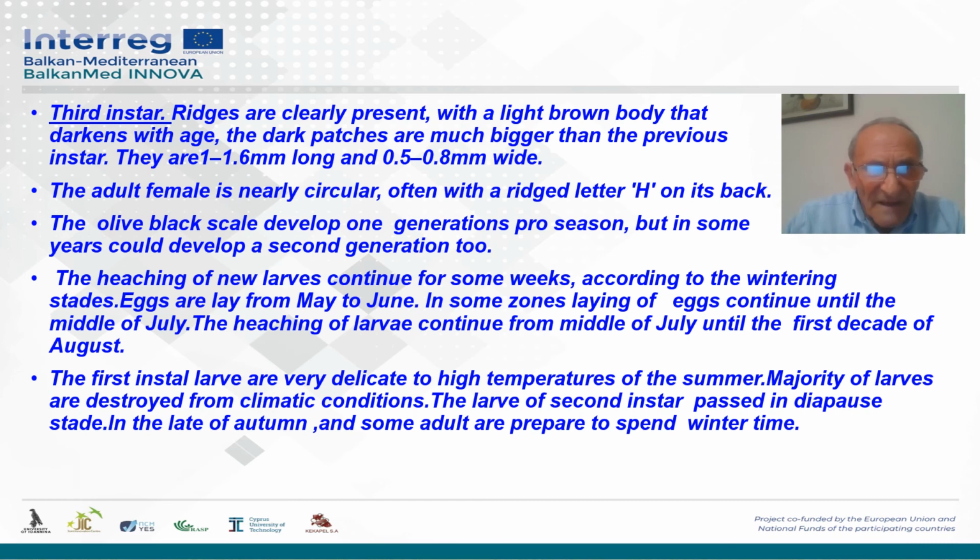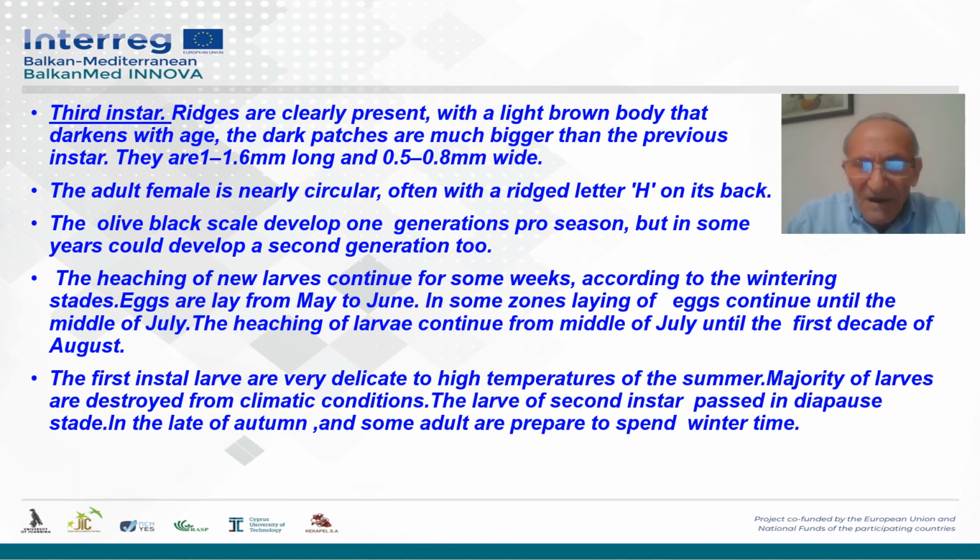The olive black scale develops one generation per season, but in some years it could develop a second generation too. The hatching of the new larvae continues for some weeks, according to the weather. Eggs are laid from May to June. In some zones, laying of the eggs continues until the middle of July.